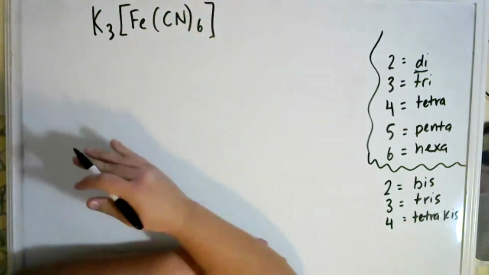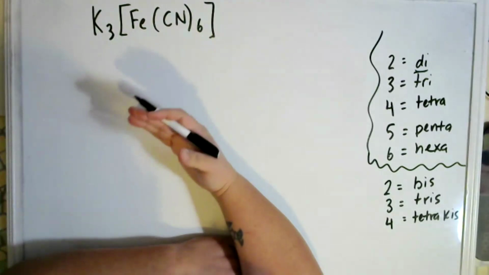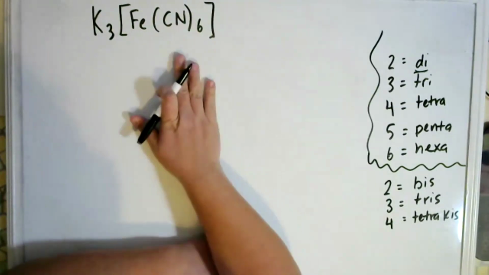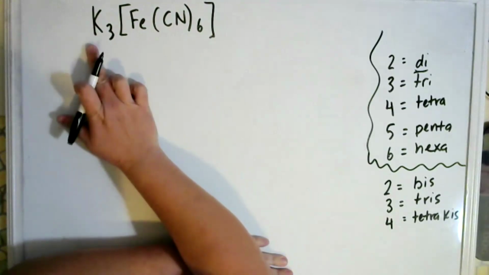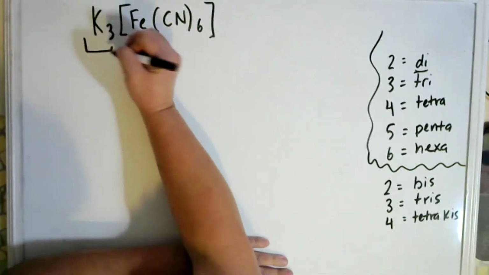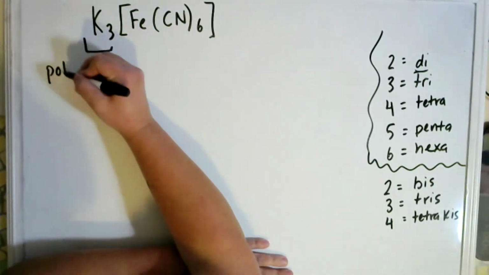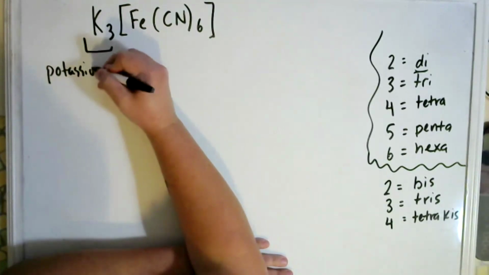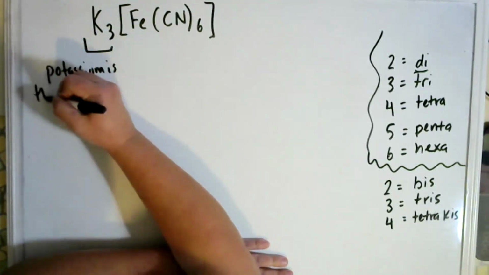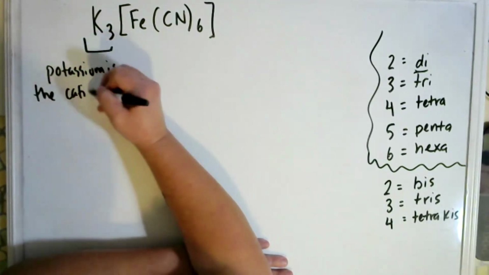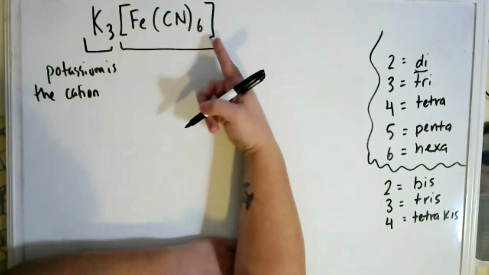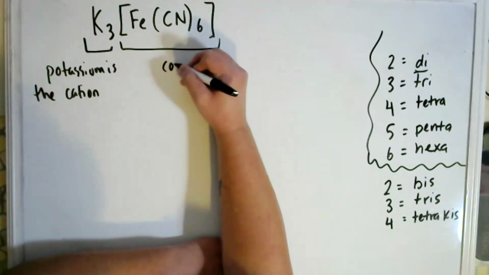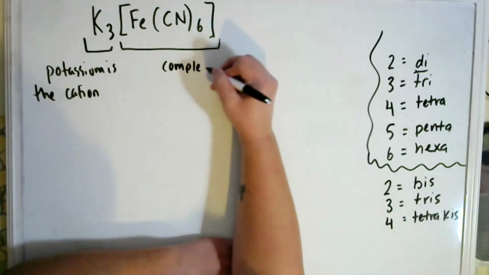Our first step should be to look at our coordination compound. In this case, we see that the parentheses are not first, and that means that potassium is our cation. And everything that comes after the potassium is going to represent our complex anion.